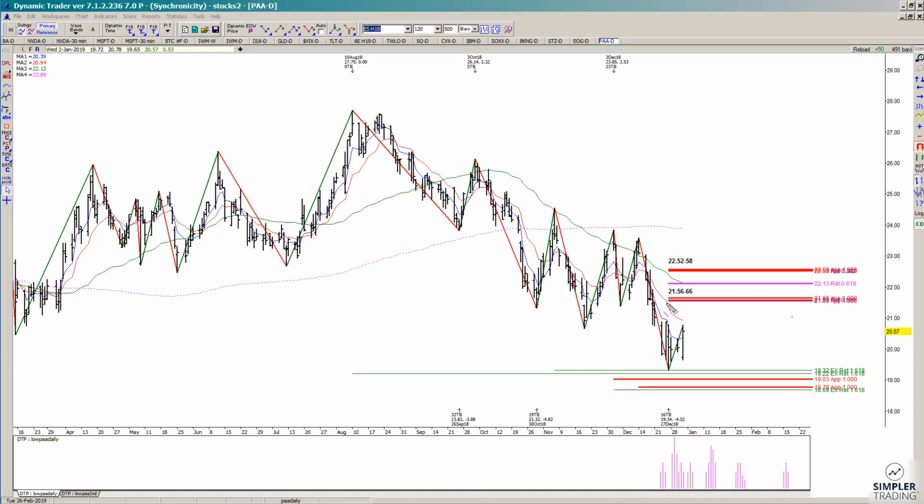And that comes in at, let's say, 2156 to 66, which includes a couple of symmetrical projections plus a 50% retracement. And the other area, well, you could look at the area of the 618, but also the other area comes in 2252 to 58, and that comes in from some of these prior larger rally swings projected from this low.